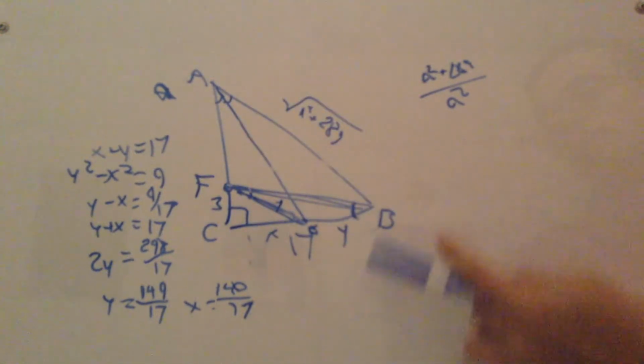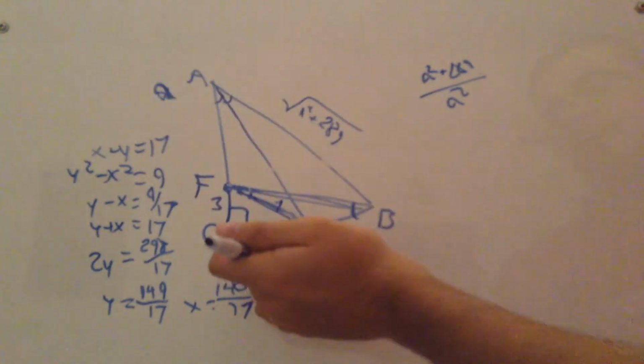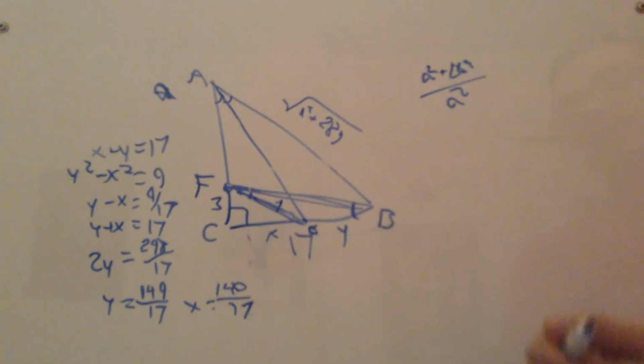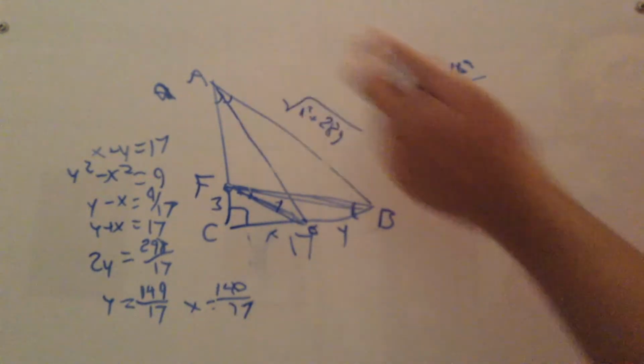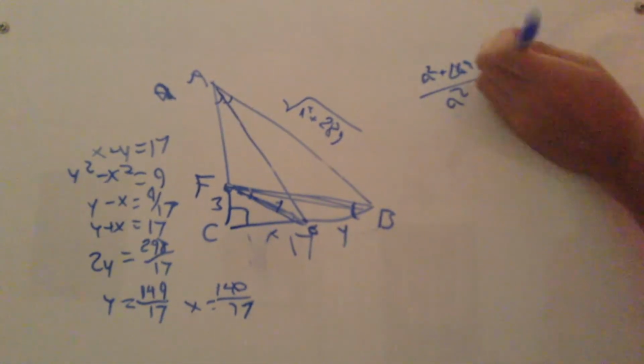Basically, what I'm doing here is we have square root of blah blah blah over Y is A over X. So I can write this as Y over X, and then I can square it. So we have A squared plus 289 over A squared is equal to Y over X squared.